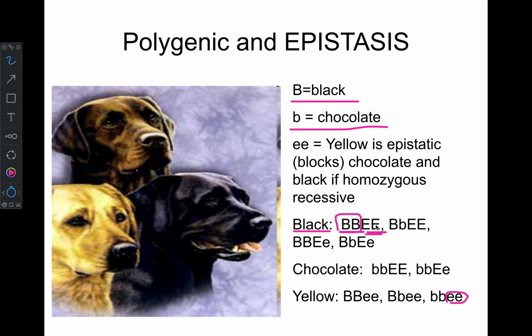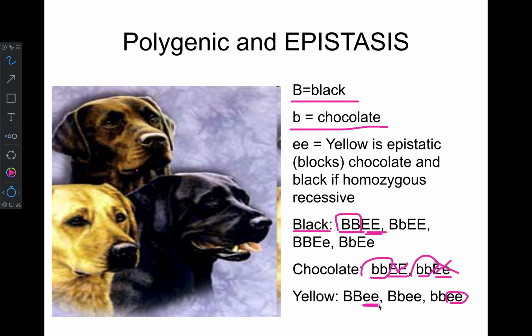And that says this is black, black, black. So all of these genotypes are going to be black phenotype. Brown phenotypes, again, as long as the E gene is not homozygous recessive, we don't care about it, and we just focus on the B, right? And this says this is chocolate. But if the E gene is homozygous recessive, right?